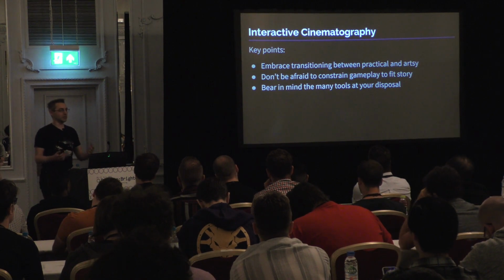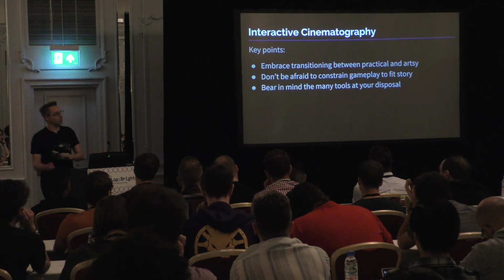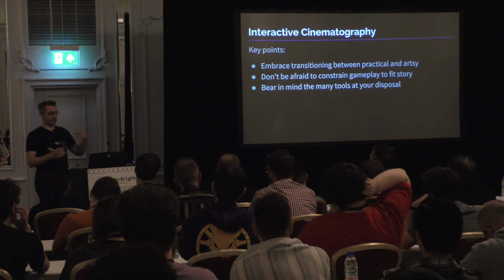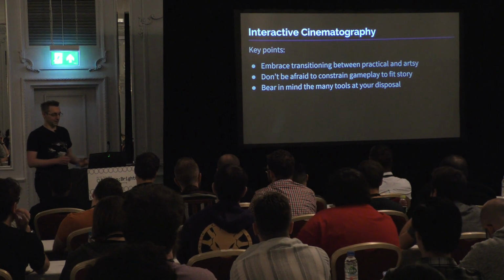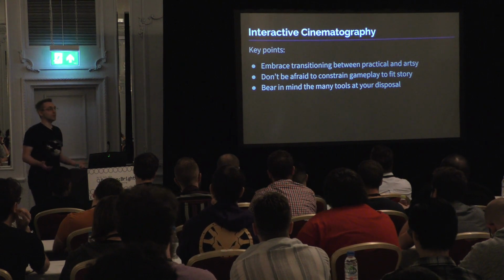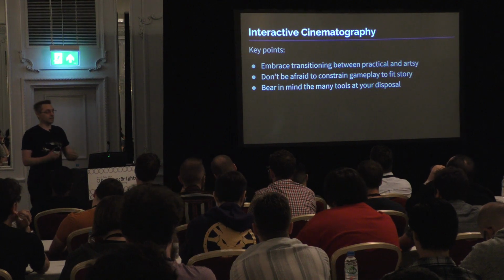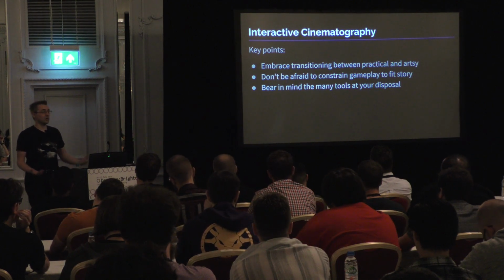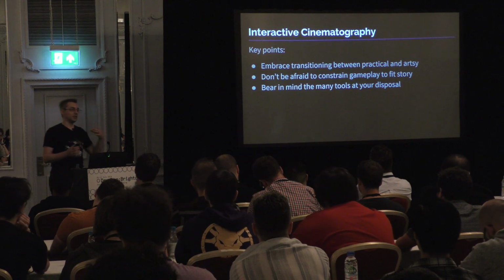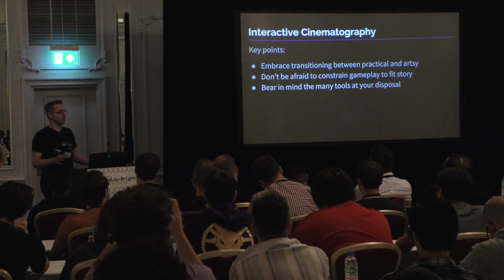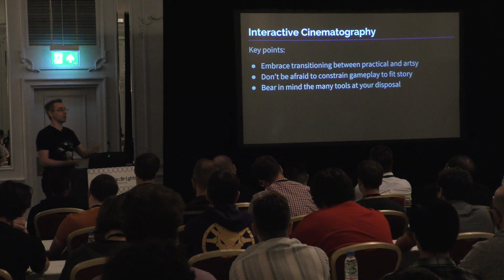Sometimes you can, but most of the time you've got to transition backwards and forwards between the practical side of things and the artistic storytelling side of things. So it's really important, if you're wanting to tell stories visually, to have the tools in place to make it as easy as possible to do those transitions and be able to make a custom shot that will really sell the power of this boss.